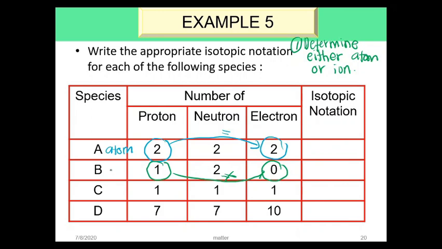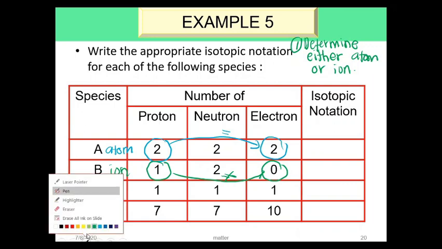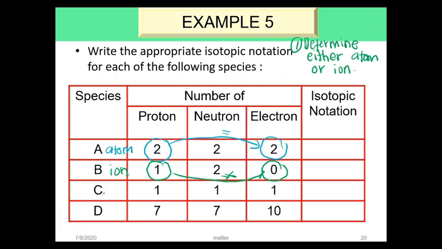So B is an ion. Now you do C and D. Yes, C is an atom and D is an ion, since the number of protons is not the same as the number of electrons.